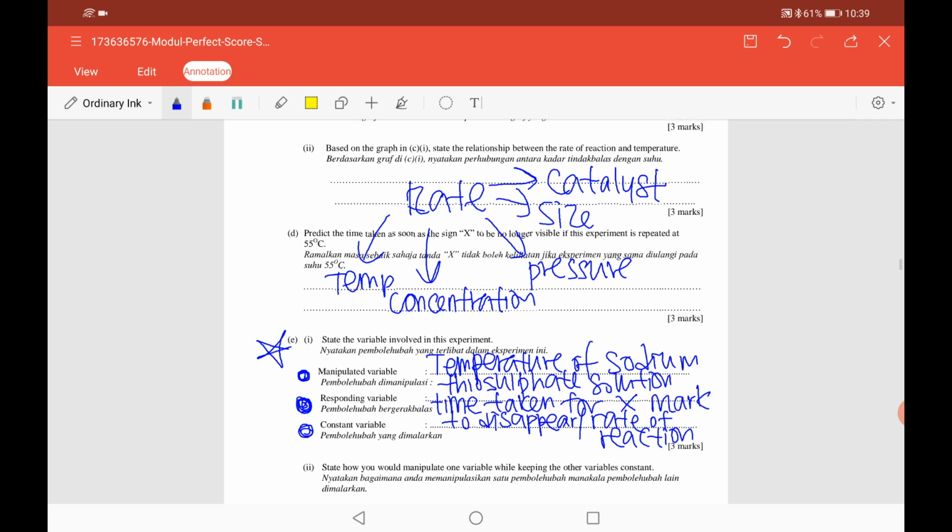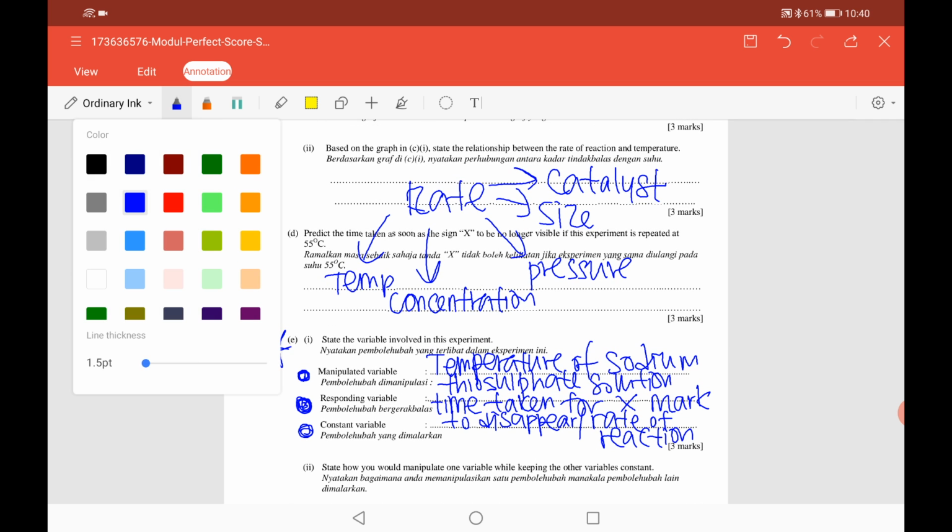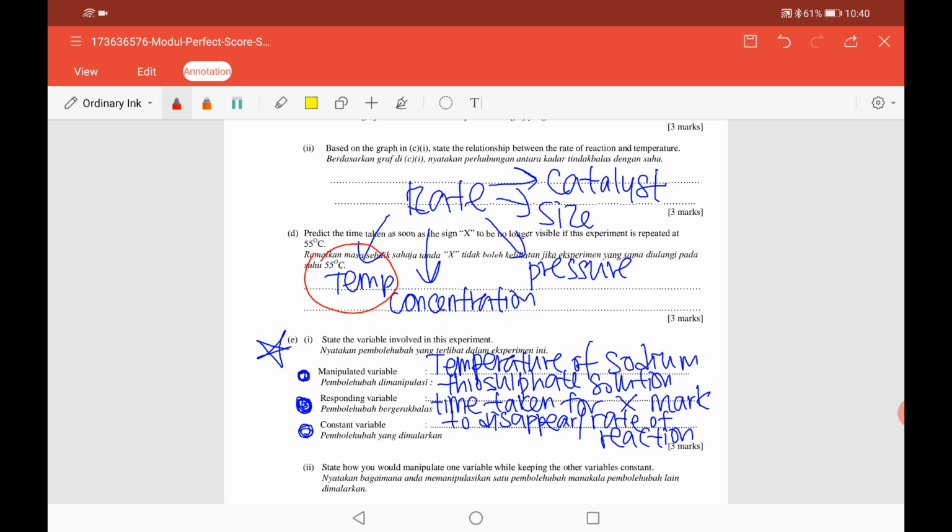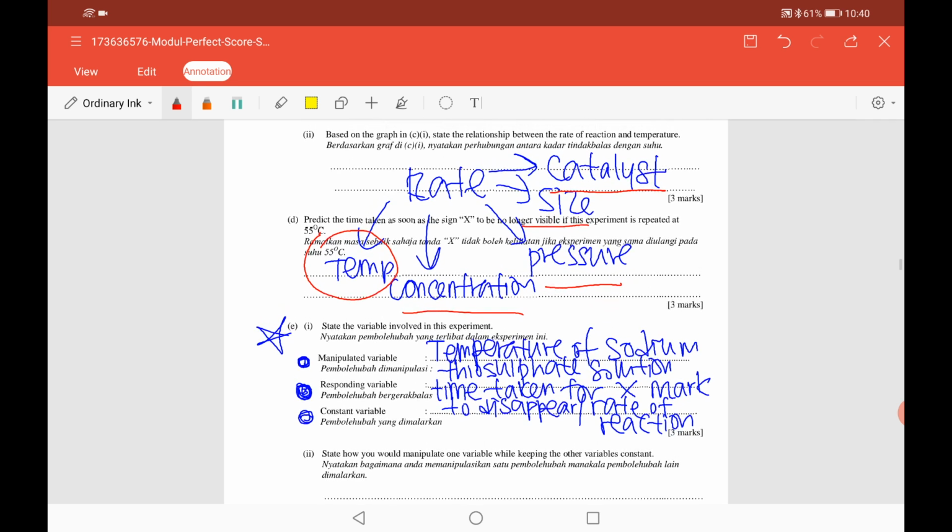Just now they changed the temperature, so we have the other 4 factors that can potentially affect the result that we need to fix. We don't use the catalyst here because the question does not mention any catalyst. We also don't use the size here because size is only applicable whenever we have solid.